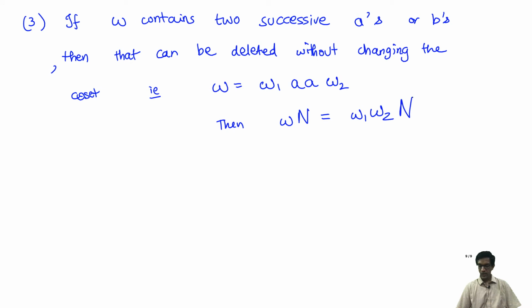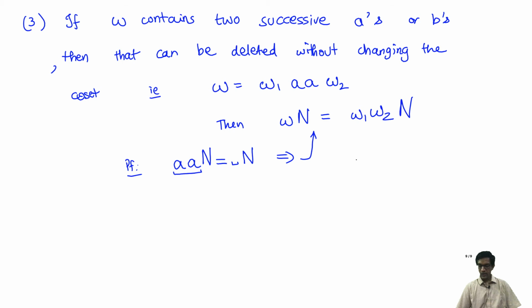Well, it's again an instance of the same general principle that I talked about. Proof. Recall a squared, which is a a, is an element of N to begin with. So a a N is the same as just the empty word N. So a a and the empty word both have the same coset, which means I can hit stuff on the left and the right and I will still get things in the same coset, which implies exactly this fact, that w1 a a w2 and w1 empty word w2 have the same coset.